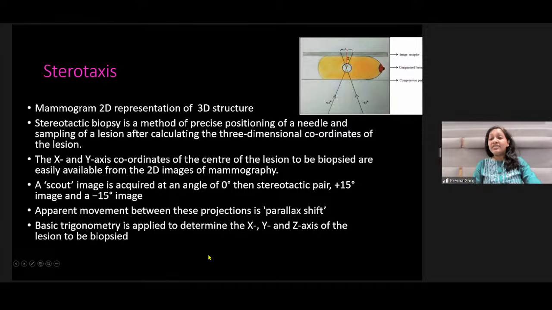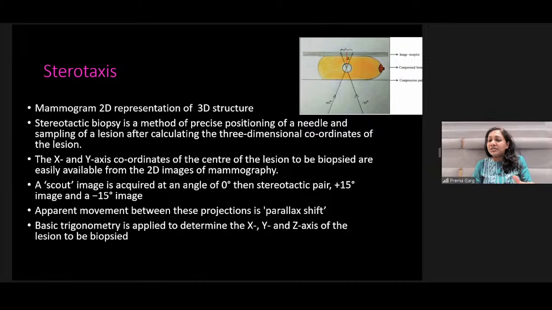So what exactly is stereotaxy? A mammogram is a 2D representation of a 3D structure. In the mammogram, we can easily see the X and Y coordinates, but we don't know the depth. In order to calculate the depth, the procedure of stereotaxis is used.